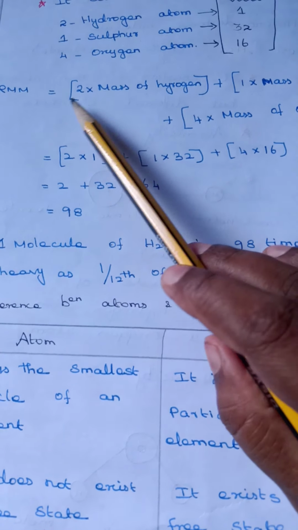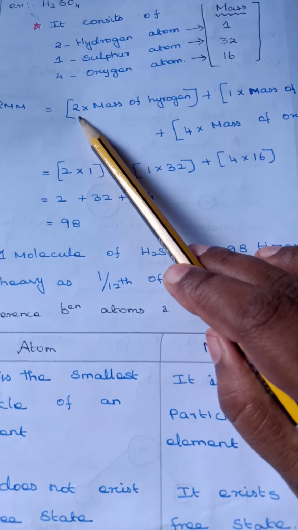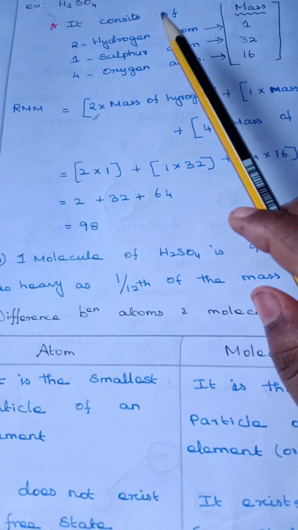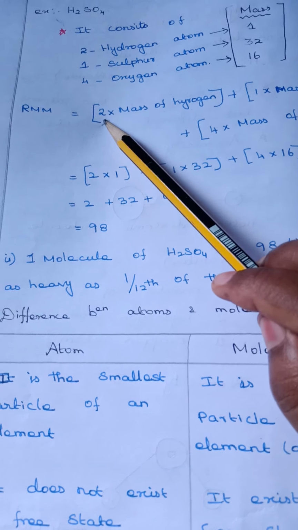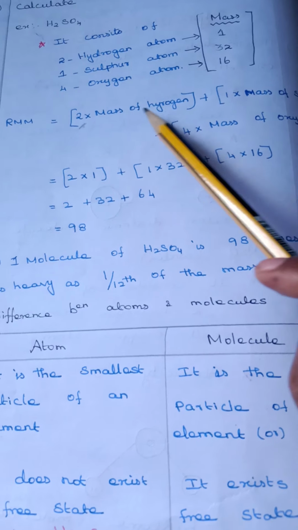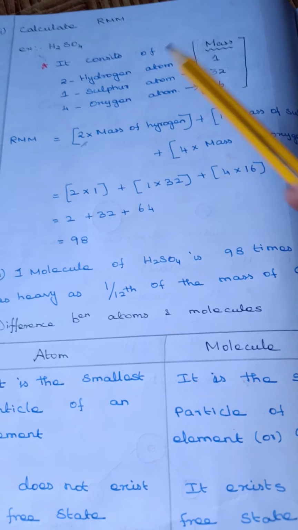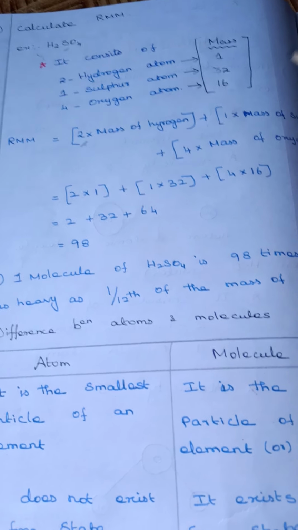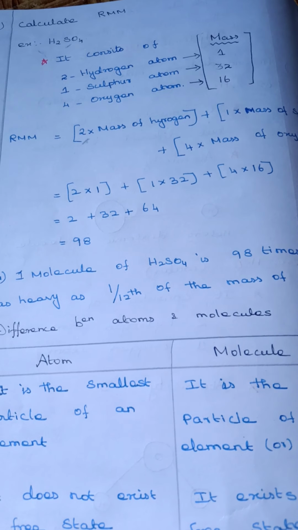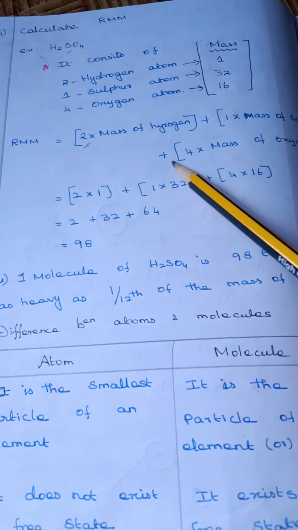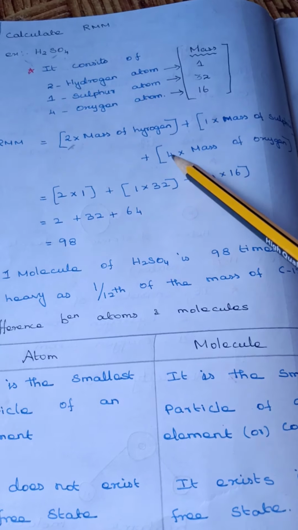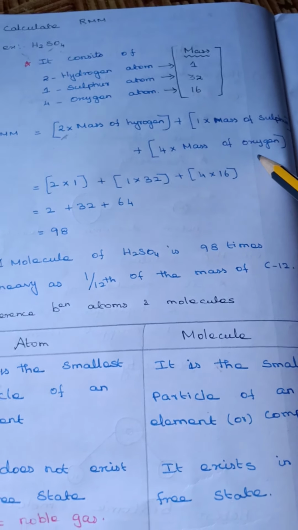Then the relative molecular mass is equal to 2 into the mass of hydrogen. 2 means 2 hydrogen atoms present here. So you have to write 2 into the mass of hydrogen plus 1 sulfur atom present here, so 1 into the mass of sulfur, plus 4 oxygen atoms present here, so 4 into the mass of oxygen.